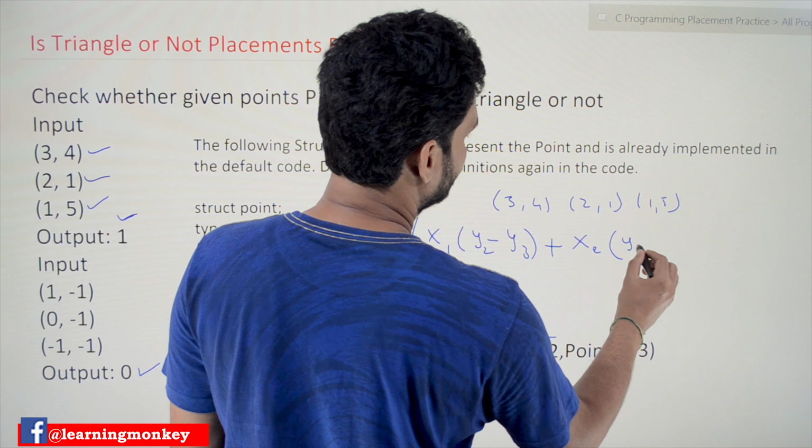P1 arrow x into P2 arrow y minus P3 arrow y, okay, and plus in the second row, P2 arrow x into P3 arrow y minus P1 arrow y, plus again P3 arrow x into P1 arrow y minus P2 arrow y.